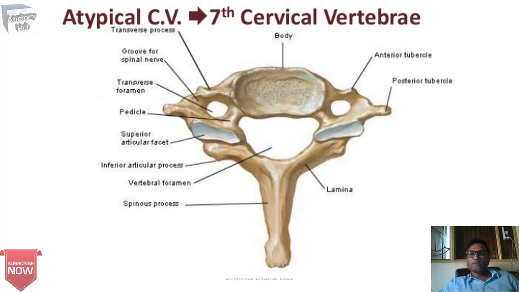This uniqueness of the prominent spinous process is why the seventh cervical vertebra is also known as the vertebra prominens.